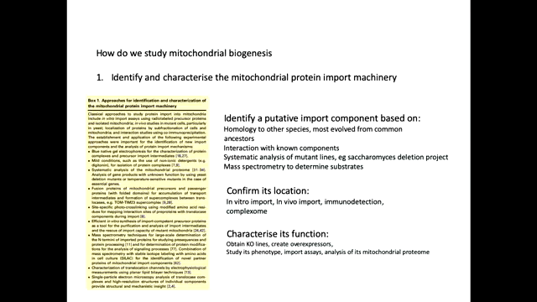Of course, the most common method has been doing knockout lines. So, we have yeast. Have you heard of the Saccharomyces deletion project? So yeast is our model eukaryotic species, yeah, and you can obtain a knockout for every single gene. So people do that.